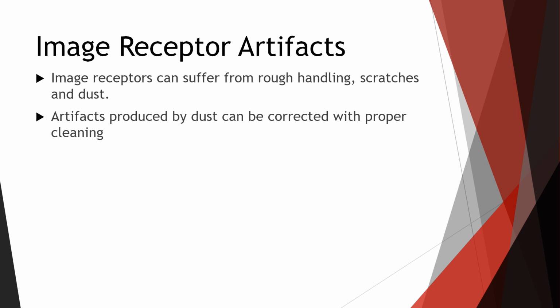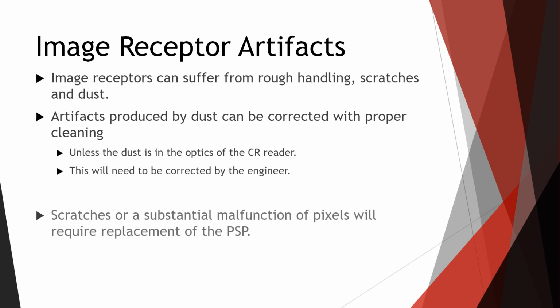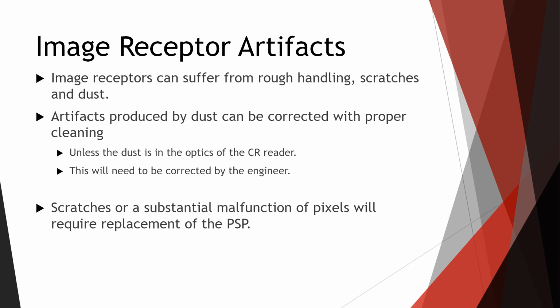Artifacts produced by dust can be corrected with proper cleaning, unless the dust is in the optics of the CR reader. In the CR reader, the optics are usually fiber optics, thin glass tubes, and this will need to be corrected by the engineer. Scratches or substantial malfunction of pixels will require replacement of a PSP.